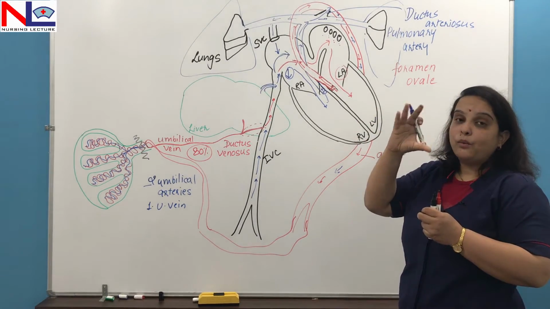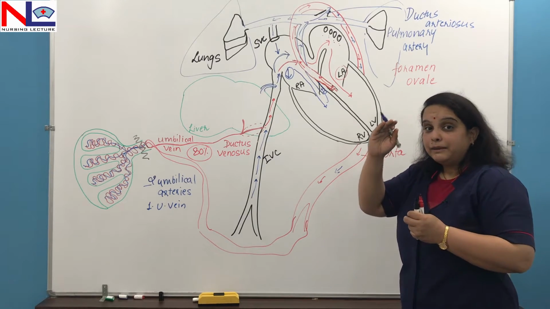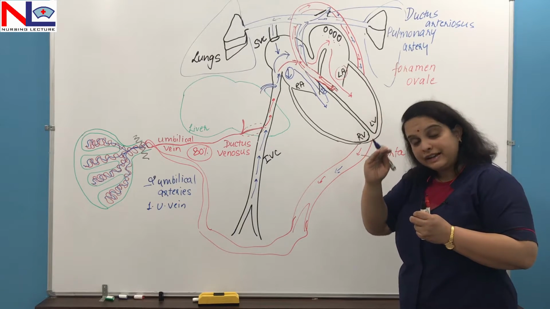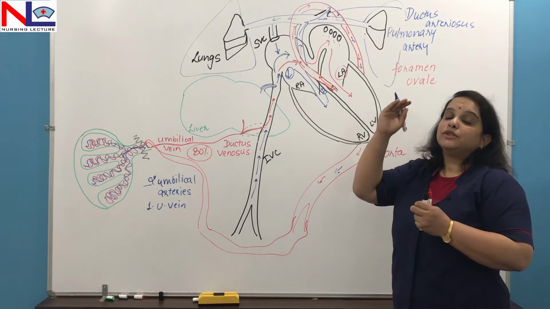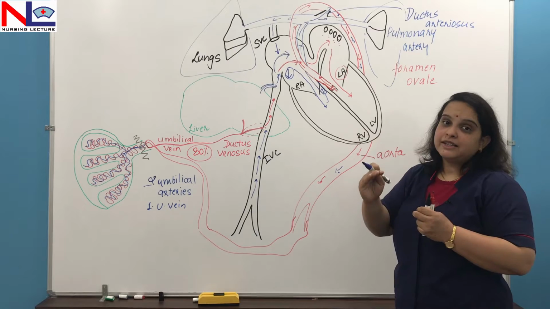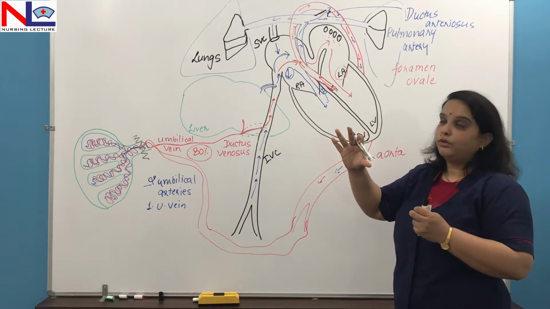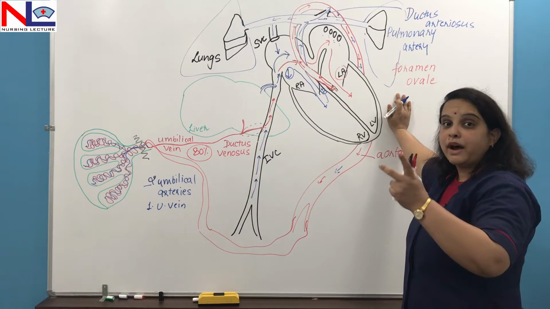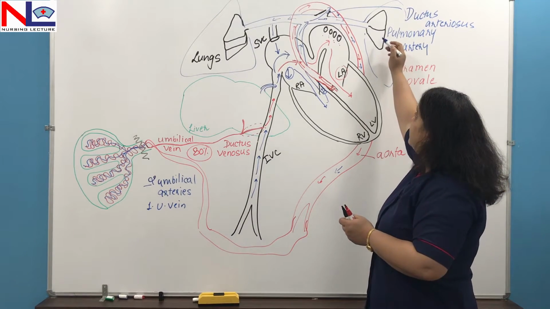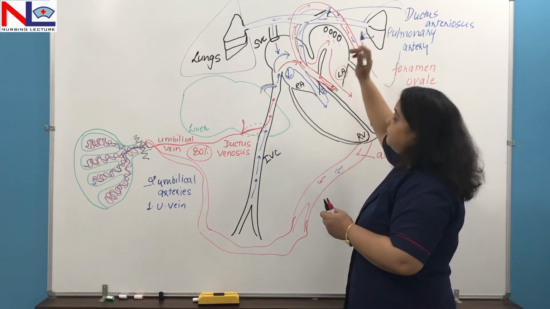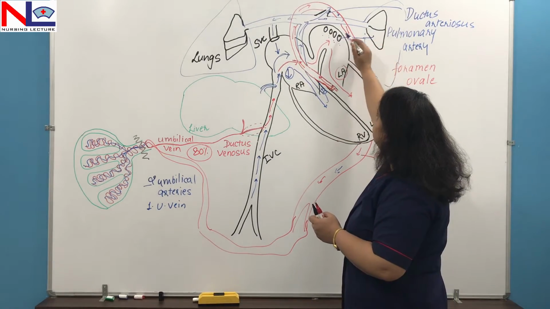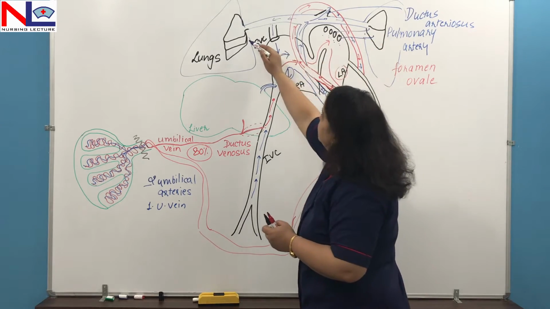Once they become wide, the pressure or the resistance in these vessels decreases, and the flow is more. As the resistance decreases and the flow becomes high, more blood is going through the lungs, so more will be coming through the pulmonary vein.